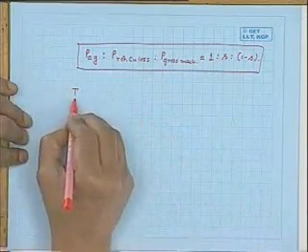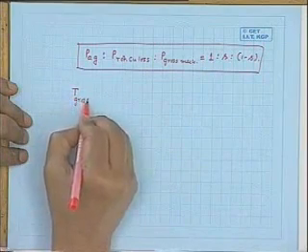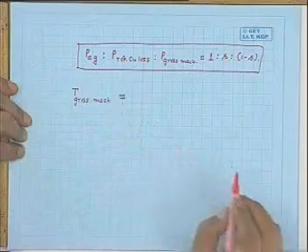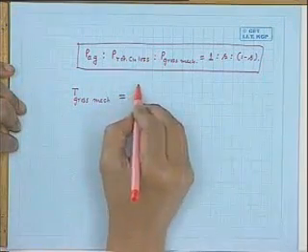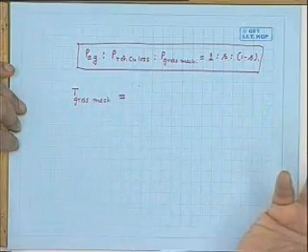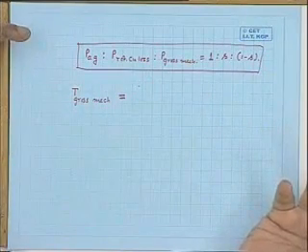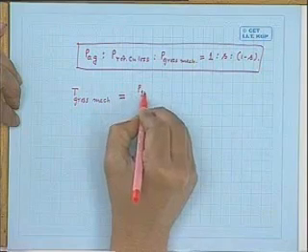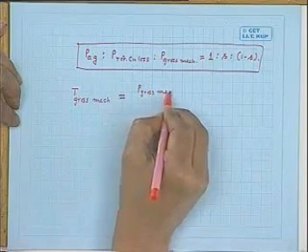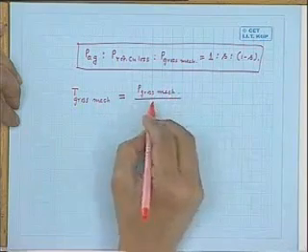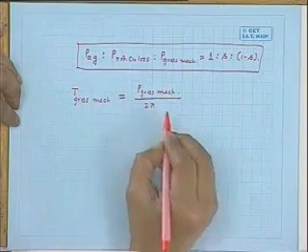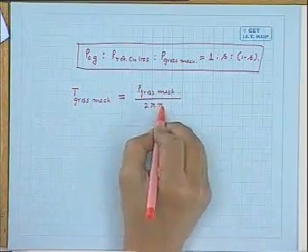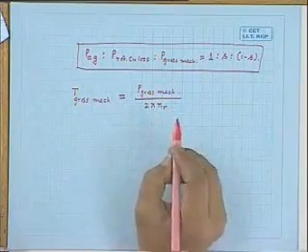Suppose you want to find out the torque developed by the machine. How do you find out? T gross mechanical developed by the machine will be how much? Gross mechanical power divided by its mechanical angular speed. That is P gross mechanical divided by 2 pi, NS or NR?